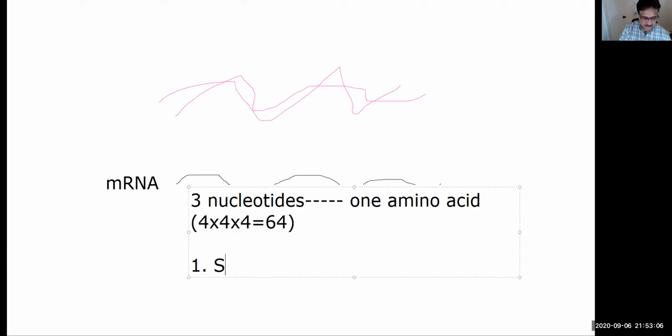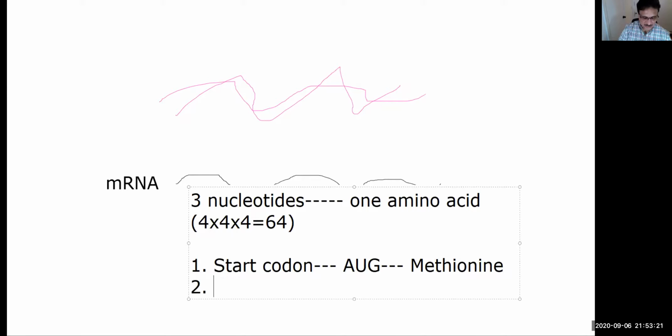Out of these 64, one is the start codon, AUG, that codes for the amino acid methionine, and the second is the stop codon. The stop codon restricts the size of the protein.